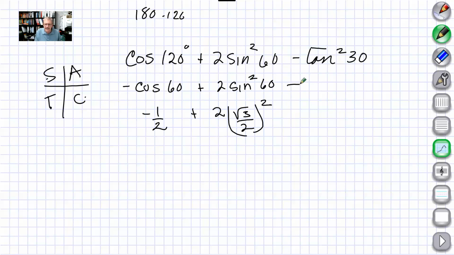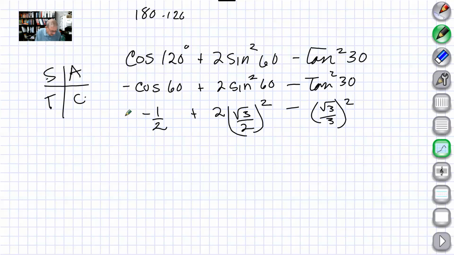Then minus the tangent squared. Well, unfortunately, 30 is a nice reference angle. The tangent of 30 is, unfortunately, radical 3 over 3. Tangent squared 30 is radical 3 over 3 squared.